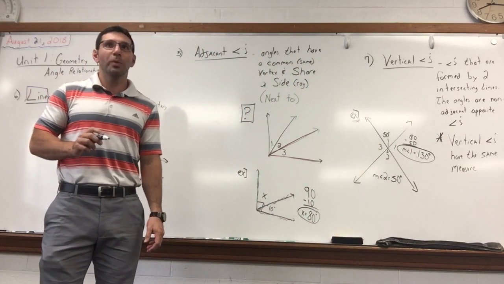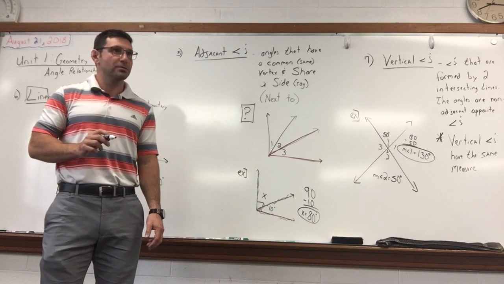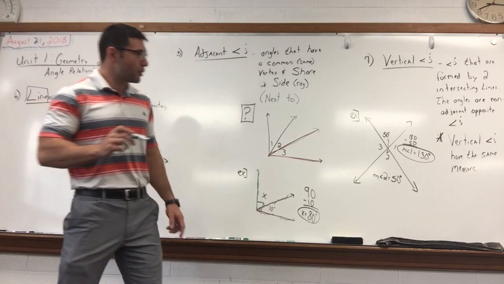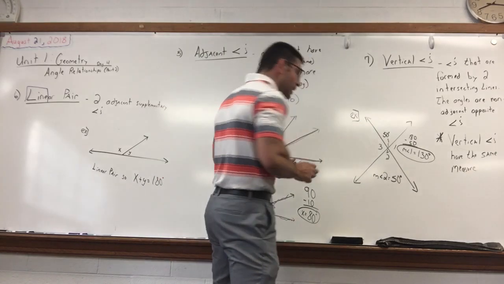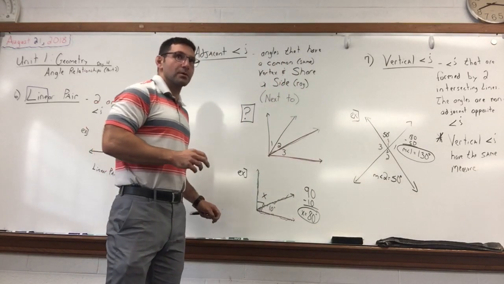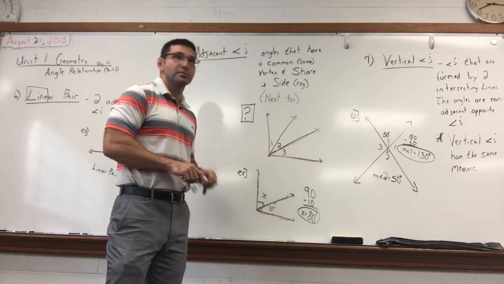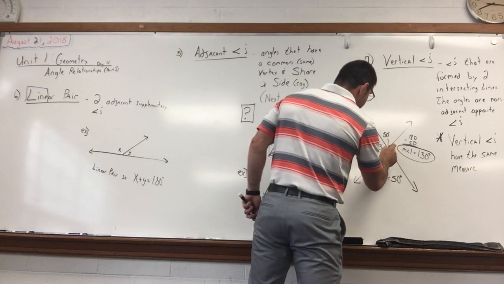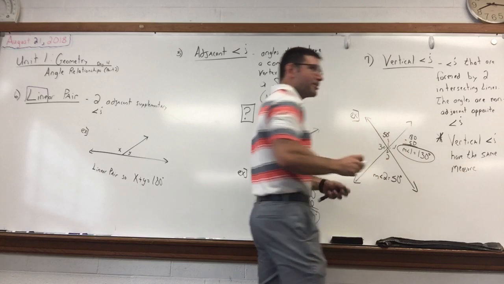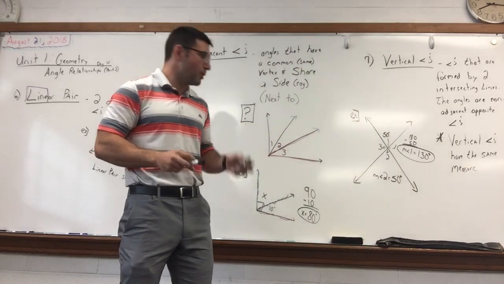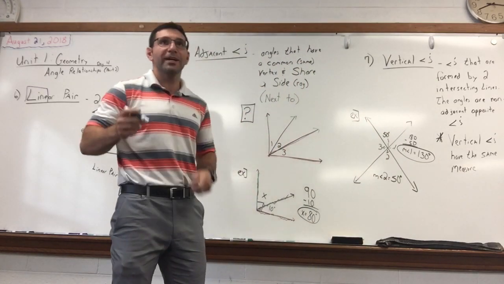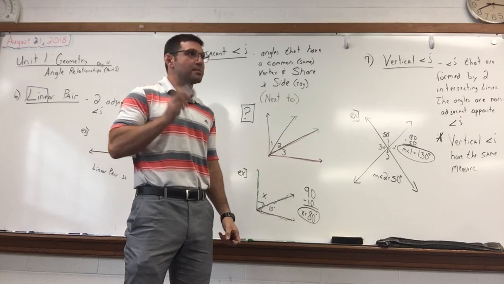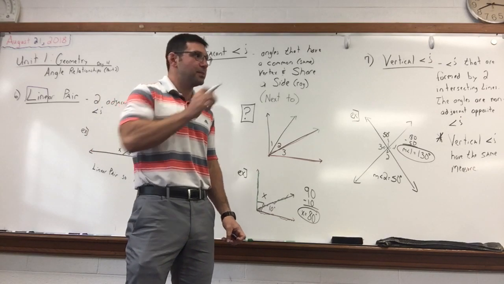Do we have another vertical angle though? Yes. What's vertical to angle 1? Izzy? Okay. Angle 3. These are formed by two lines that are intersecting. They're non-adjacent, they're opposite. So the measure of angle 3 has to be what?